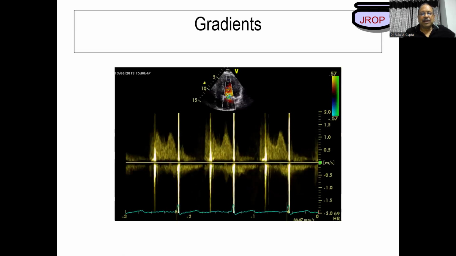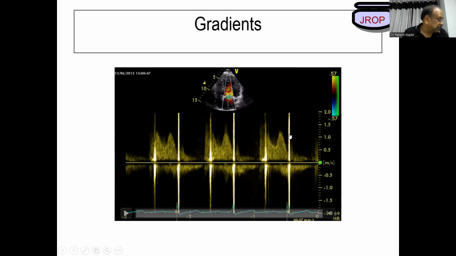Now, this is the most important thing which you see in this particular patient. We did a continuous wave Doppler across this prosthetic valve. A metallic prosthetic valve will give you an opening and closing click. So here is the opening click and here is the closing click. Here is the opening click, here is the closing click. So this is how it will work.